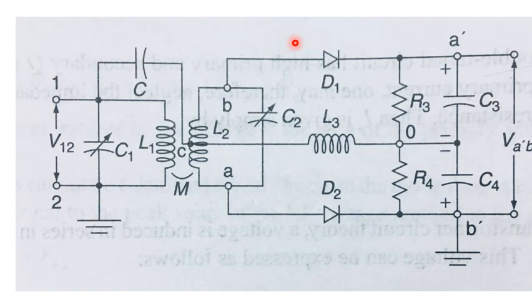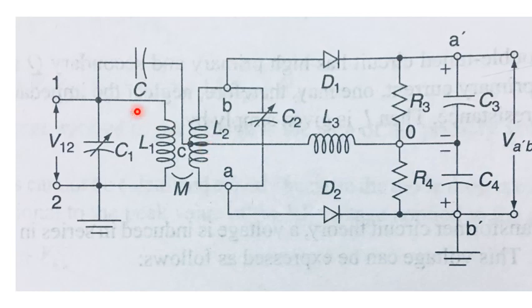Now there are certain conditions which are imposed on the values of circuit components. For example, the resistance of the load resistors R3 and R4. The values of resistances R3 and R4 are very high in comparison with the capacitive reactance of C4 and C. That is, if we compare the resistance R4 and the capacitive reactance of C4, then R4 is very much higher than the capacitive reactance of C4.